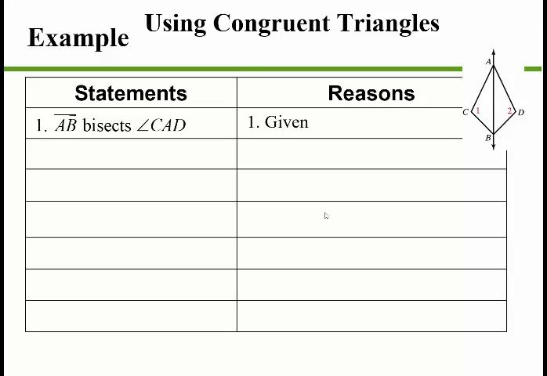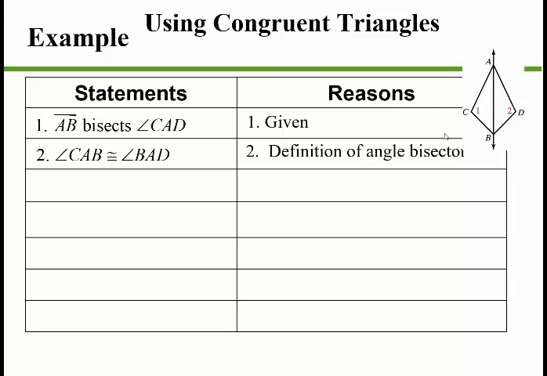All right, so it'll be a two-column proof. Start with what you're given. AB bisects angle CAD. So what we're going to show next is that this angle here is congruent to this angle. So angle CAB, this one right here, is congruent to angle BAD. The reason is the definition of an angle bisector.